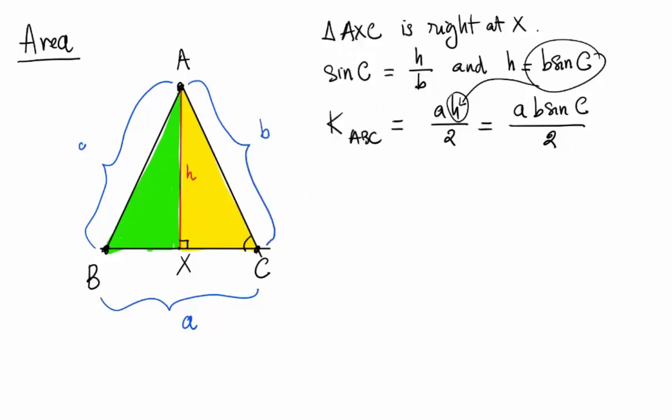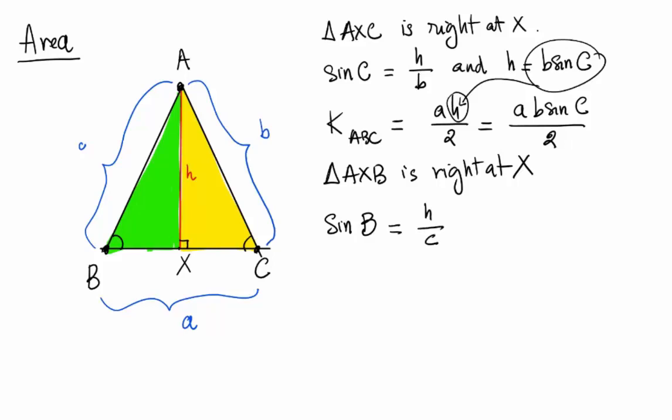Again, this triangle, the triangle AXB, is right at vertex X. Now let's consider the angle B. If we compute sine of angle B, that will be again opposite over hypotenuse, so that will be h over c, and solving for h, we get that h is equal to little c times sine of B.